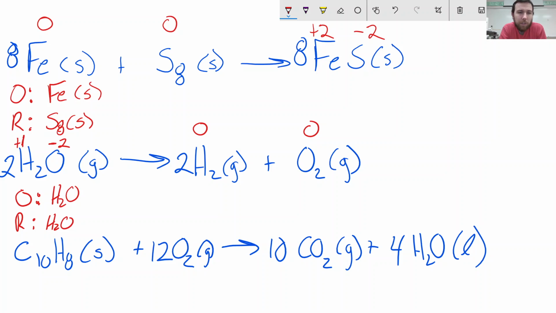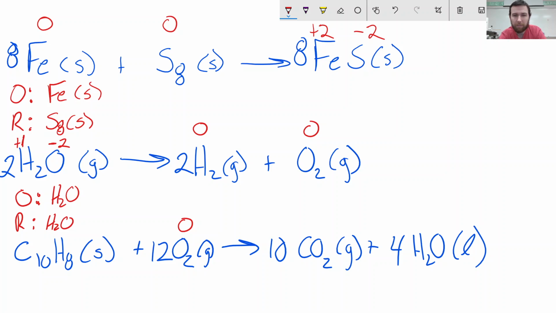Because in this particular case, we've got a lot of substances that are here. And again, I always like to focus in on my elements first. And so that being the case, I'm going to look at my oxygen. My oxygen has an oxidation state of 0. Okay.